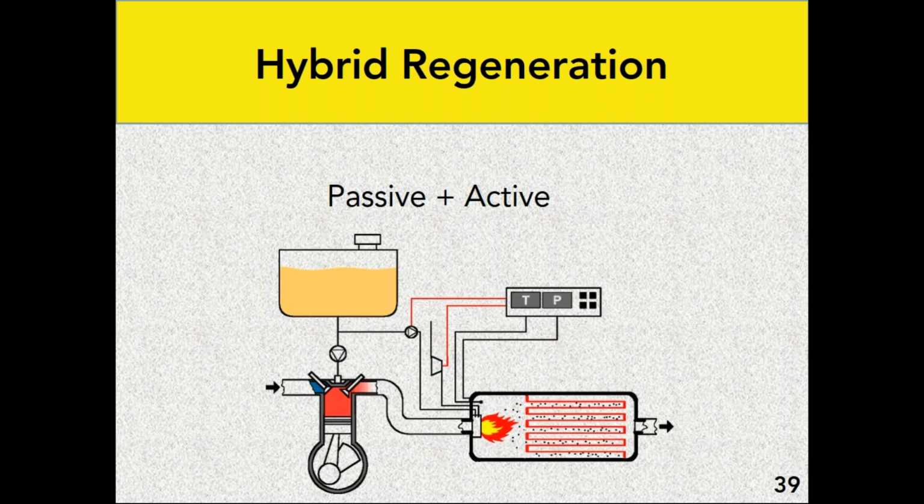The reason for that is because the manufacturer has no idea how these engines are going to be used. They don't know what the duty cycles are, so they have to create a system that can function either way. In this case, you're looking at a system that has a burner and it also has a catalyst. The red filtration media designates catalysts.